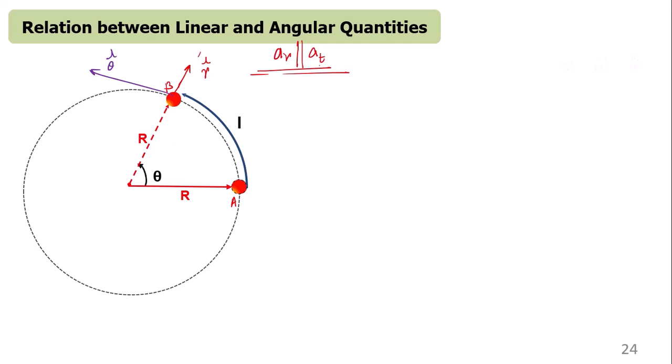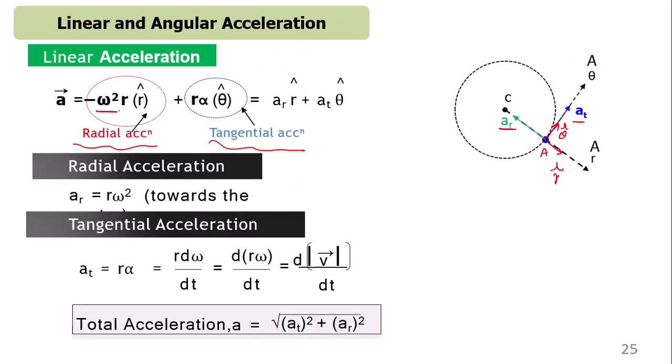Initially the unit vectors were i and j: this is the x-axis i vector, and this is the y-axis j vector. Now I replace i and j by two other unit vectors. One is along the radial direction, and the other is tangential to that, which defines the theta direction. And we say that the acceleration has two components, one along radial and another along tangential.